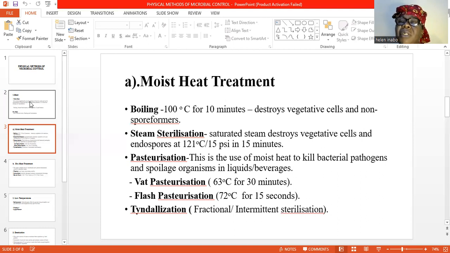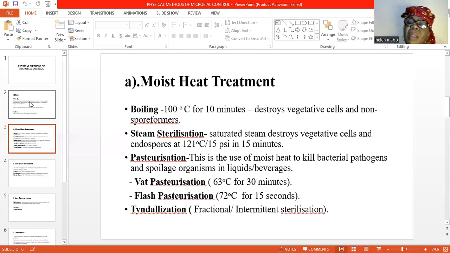These bacterial pathogens include Mycobacterium tuberculosis, which can cause tuberculosis, and also Brucella abortus. Apart from the vat pasteurization, another type of pasteurization is flash pasteurization at a controlled temperature of 72 degrees Celsius for 15 seconds.